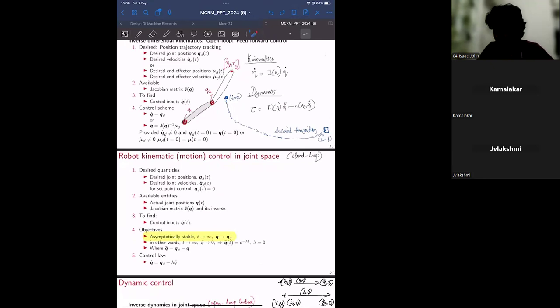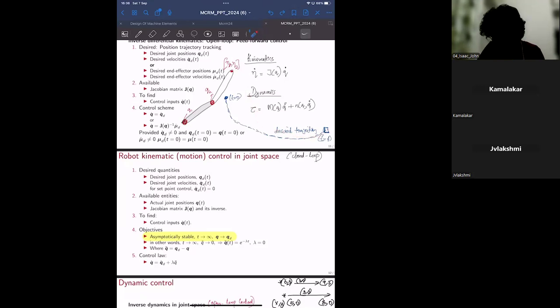Like if you consider this example, if the robot starts from some other position, as time goes to infinity, it should converge to the desired trajectory like this.